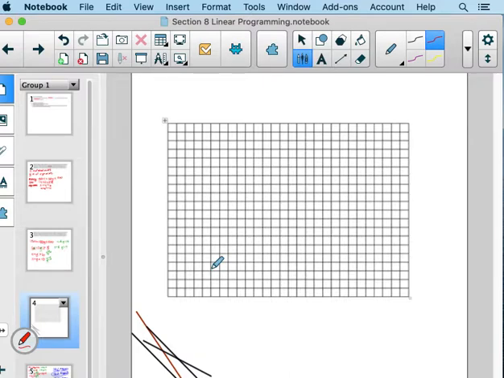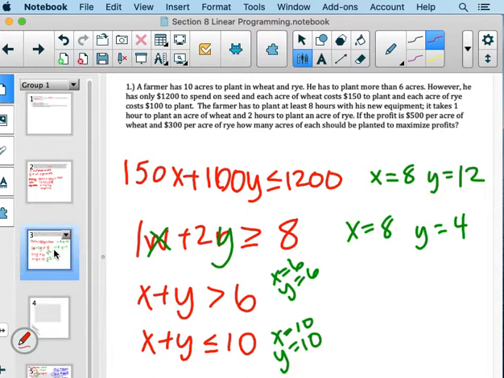So go ahead again. We're plotting all of our intercepts. Go ahead and take a minute here if you haven't yet. Get these intercepts plotted and think about what your shading would look like. So it would be what? 0.